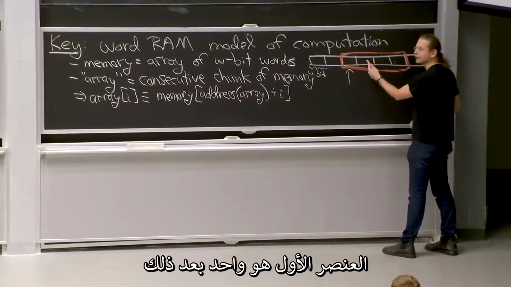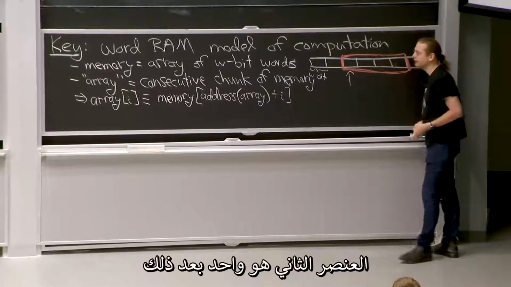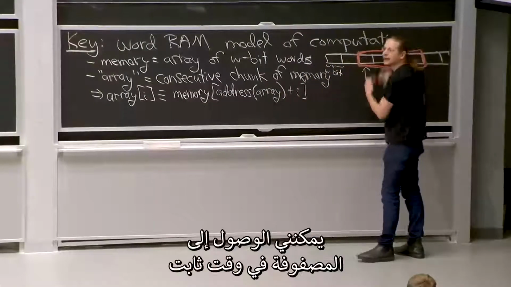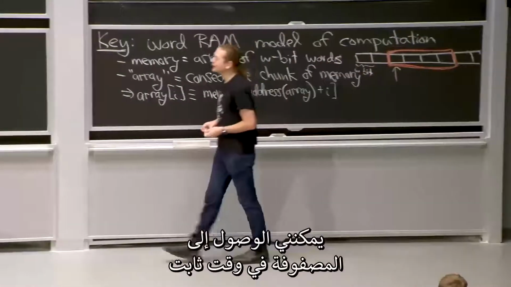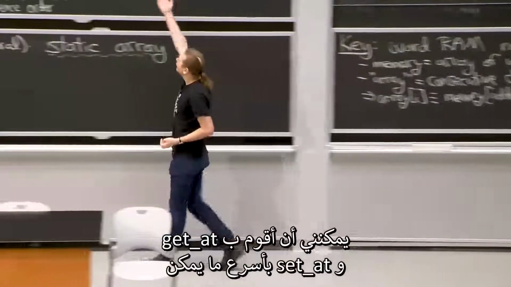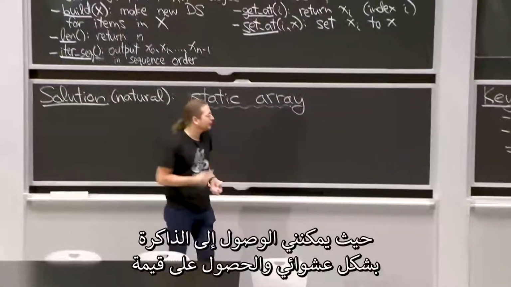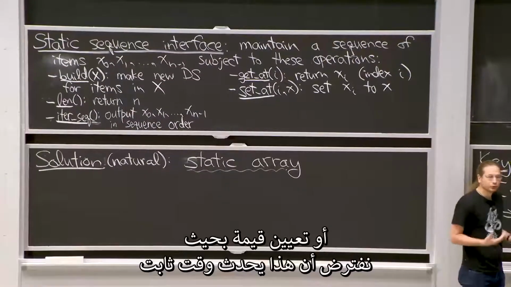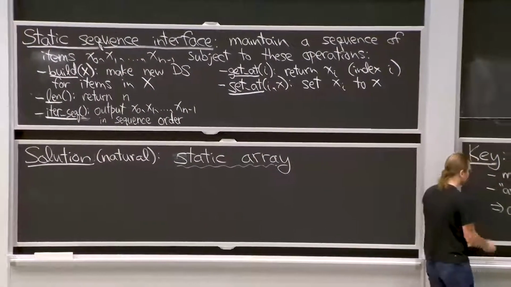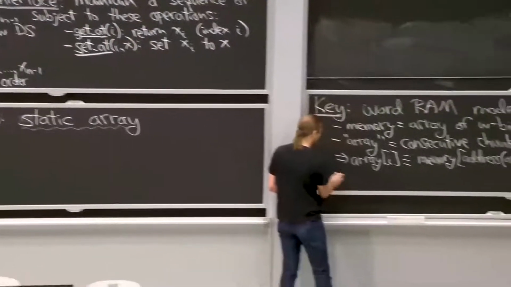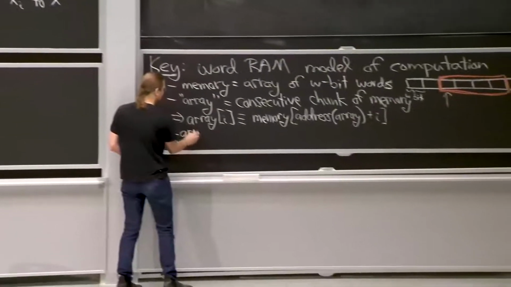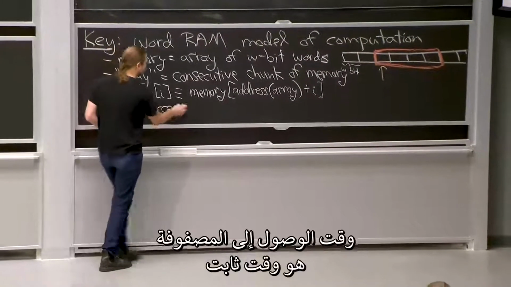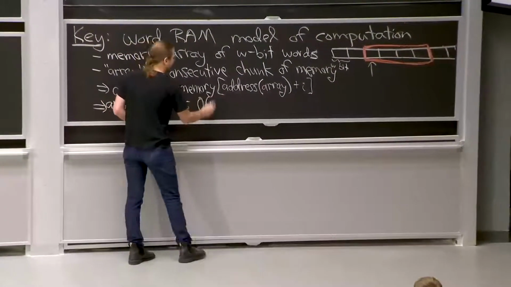The first item is 1 after that. The second item is 1 after that. So as long as I store my array consecutively in memory, I can access the array in constant time. I can do get at and set at as quickly as I can randomly access the memory and get a value or set a value, which we're assuming is constant time. So array access is constant time.